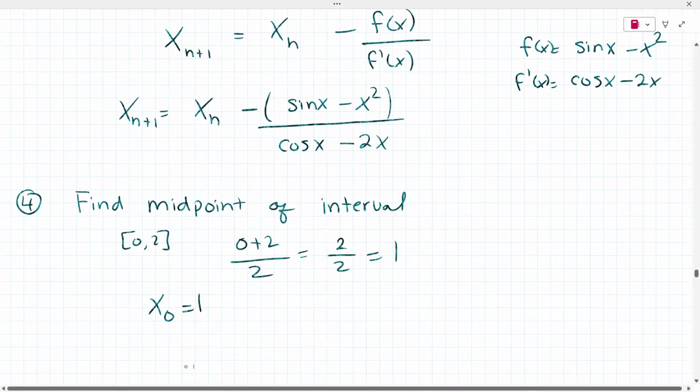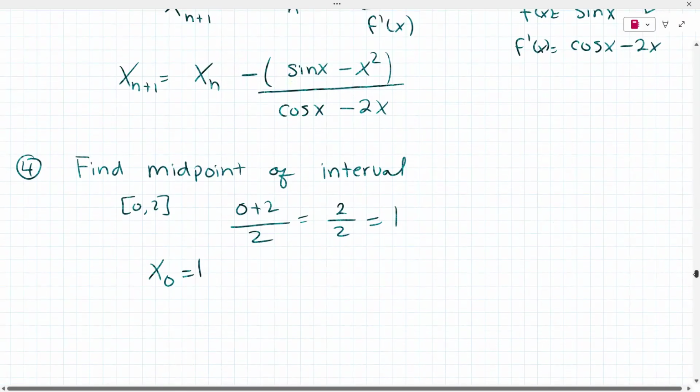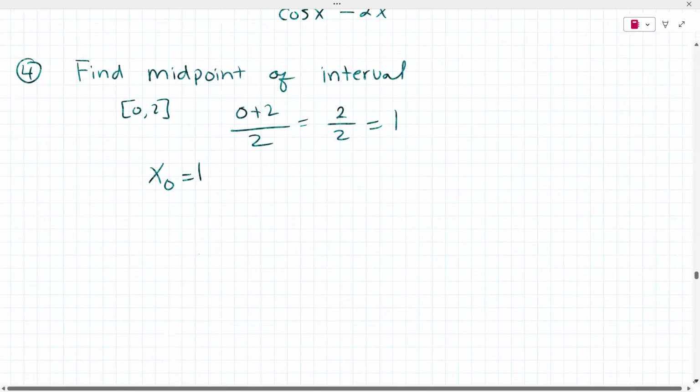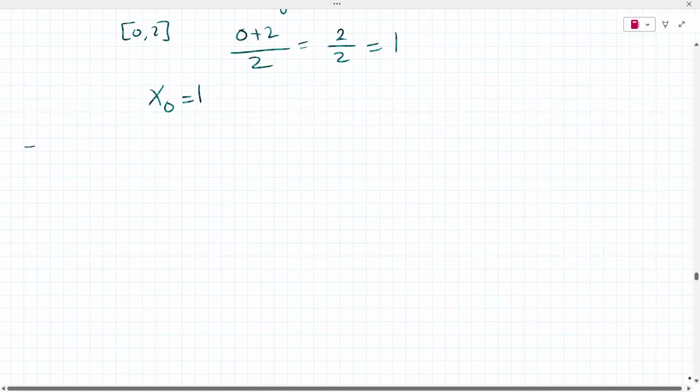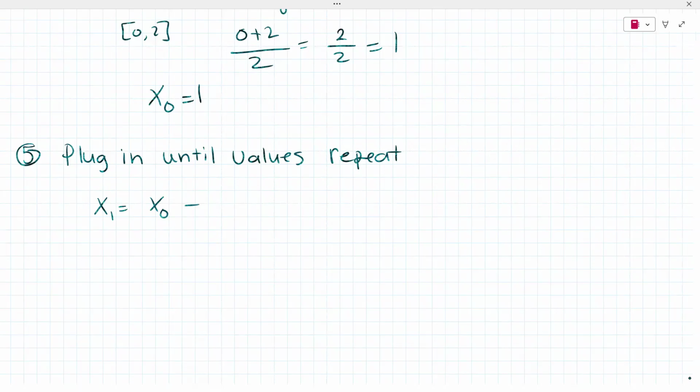Step 5, plug in until values repeat. So this is a tedious, annoying part. So x1 equals x naught minus f of x over f prime of x.